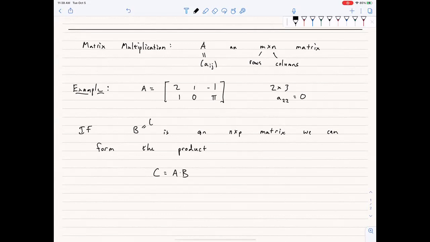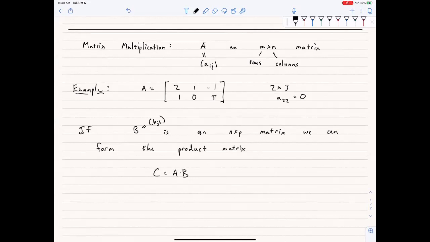I'll give this the entries B sub JK. Same idea, J is the row, K is the column. And I'm saying that we can form a product A times B. This will also be a matrix. So this is a product matrix.